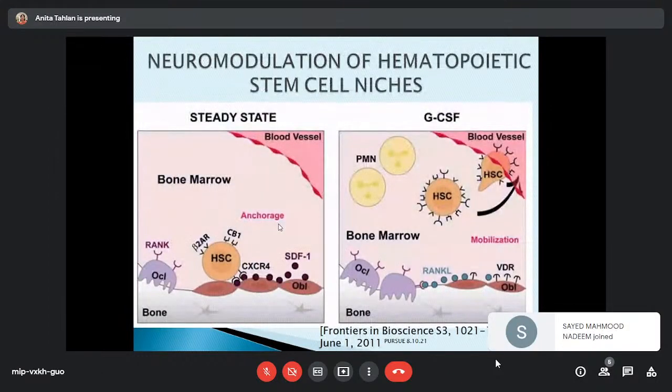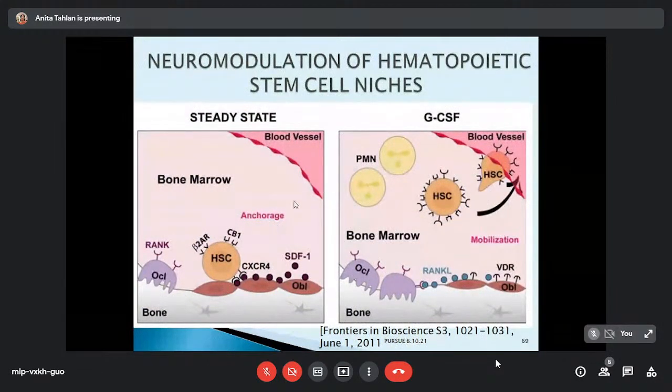What about its neuromodulation? In a steady state, CXCL12 and CXCR4 anchor and keep the hematopoietic cell in its niche. But whenever there is an external factor, which can be in the form of GCSF, the CXCR4s get increased on the hematopoietic cell, the rank gets inhibited, and these cells get mobilized and go into the blood vessel.